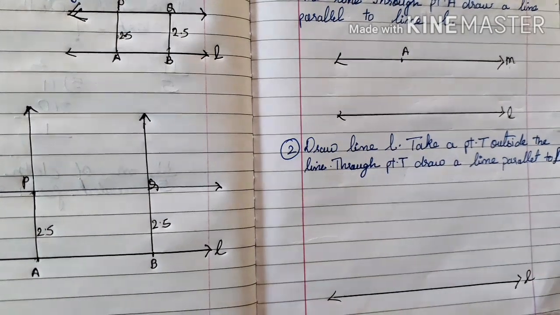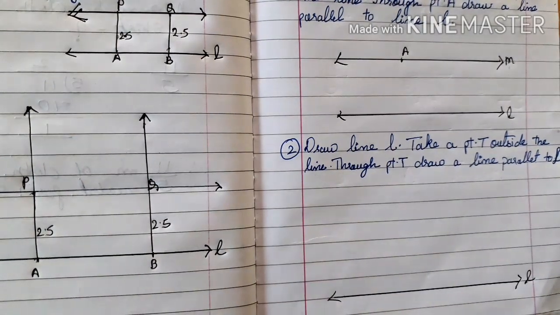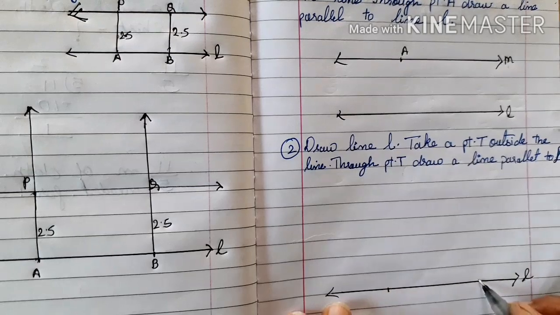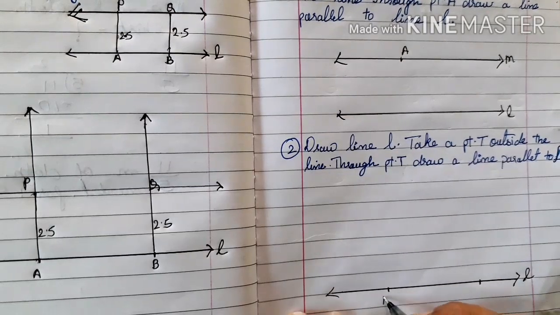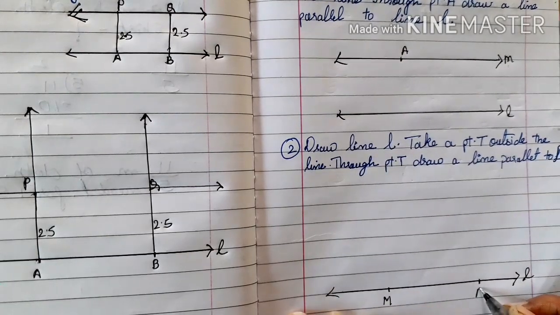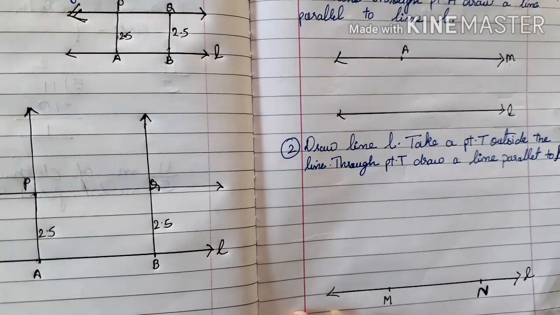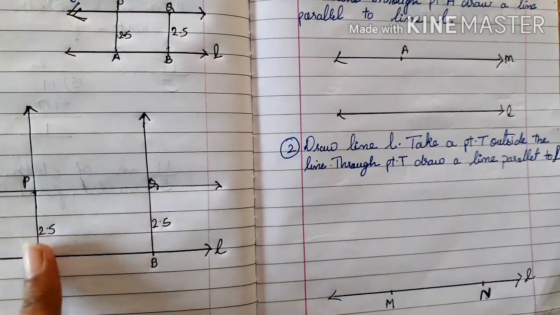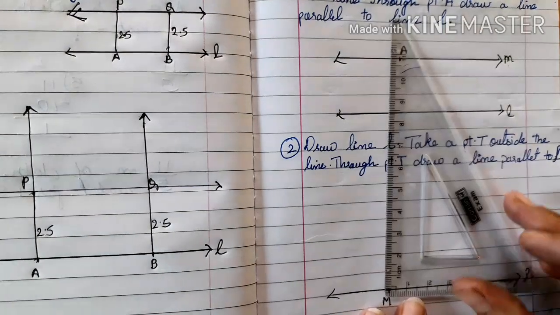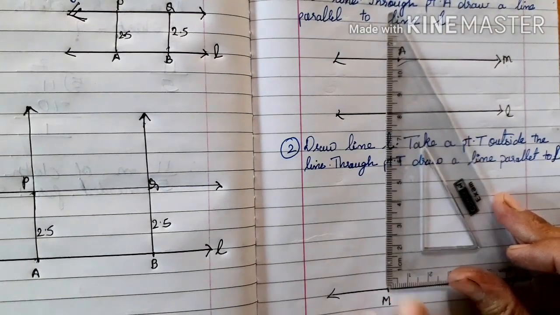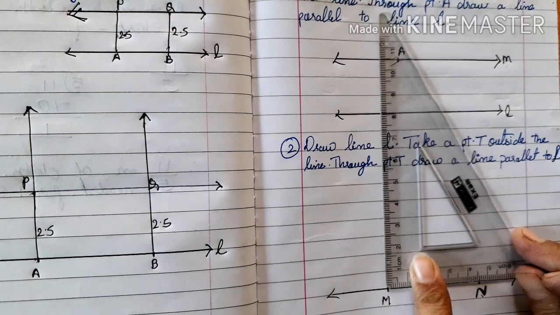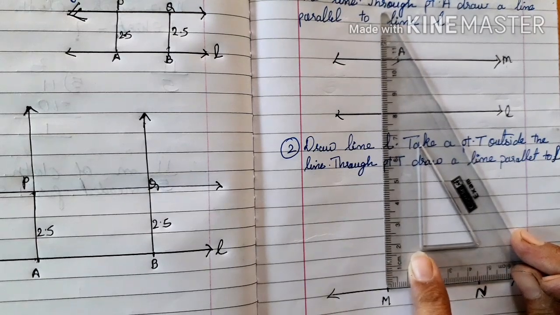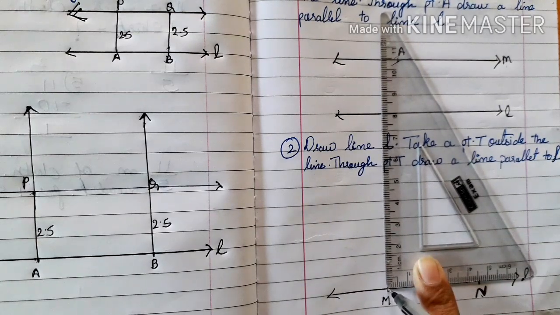Line L. So we have to take 2 points first, M and N, you can take M and N. You can name it any which way you want. From this, we have to take a point similar to point M. So first place the set square, place the 90-degree angle over here.